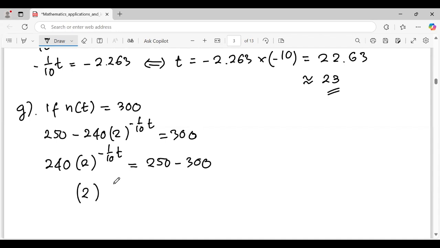So 2 to the power of minus 110t equals minus 50 over 240, which is minus 5 over 24.